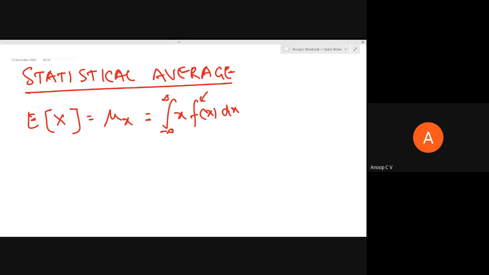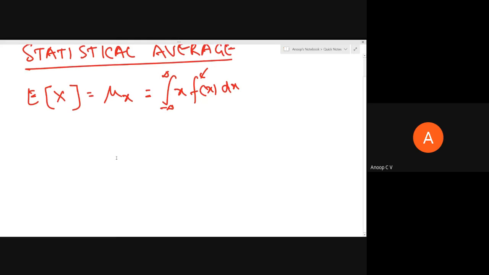Normally for GATE, we won't have to use this definition directly. Maybe we'll be given an autocorrelation function or power spectral density, and from that we'll have to find the mean, variance, all those things. We'll solve such problems. Maybe I'll take 5 more minutes to list down all the important results, then we'll start solving problems. I think it will be more interesting then.